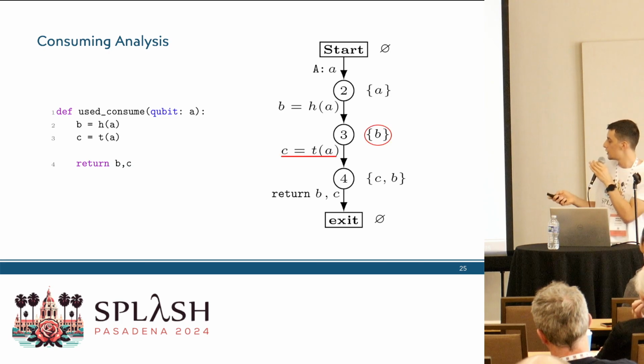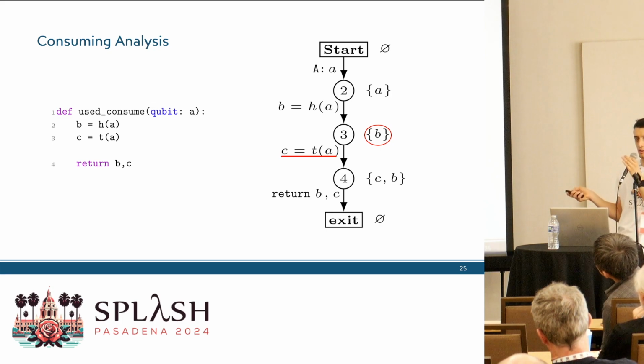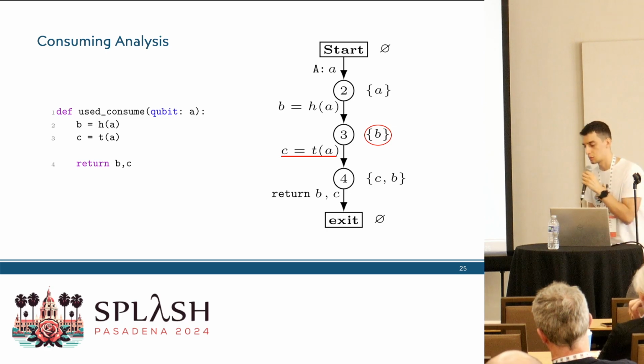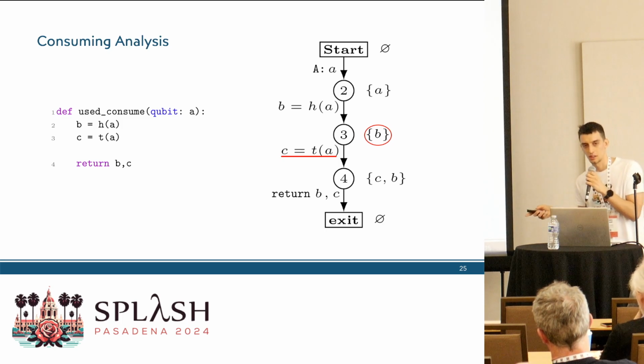So if we use a variable twice, there is a use of a variable that is not in the set in the previous node, so we can easily check this. And since we want to be correct, if there is a join, we do the intersection between sets, because when we use a variable, we want to be sure that this variable is available in all possible paths.